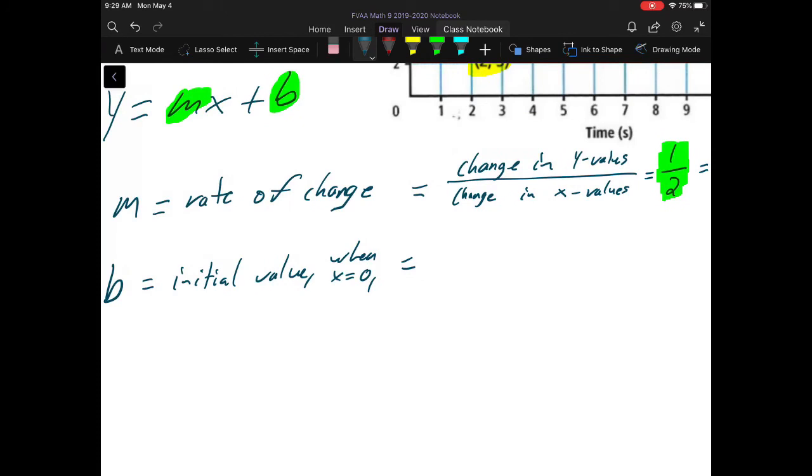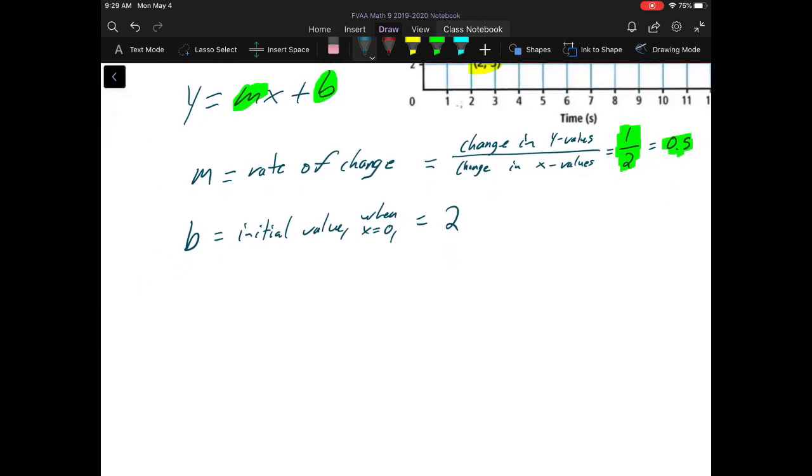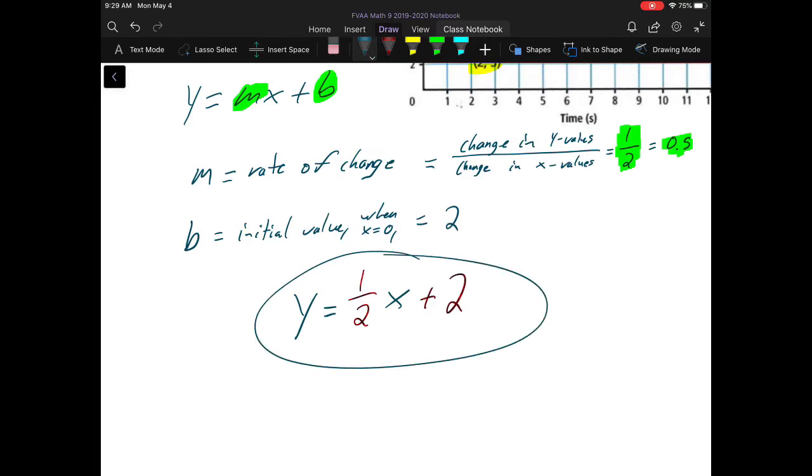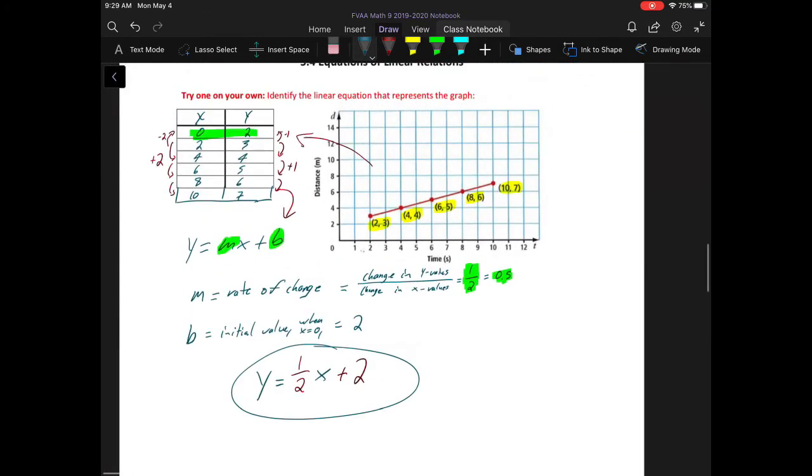So b is equal to positive 2. All right, so now I just plug in these values. y is equal to 1 over 2 x plus 2. That would be the equation of your line based on the data from the graph.